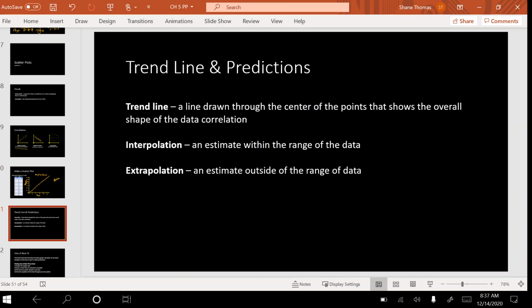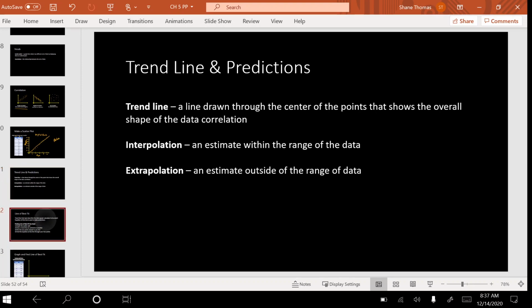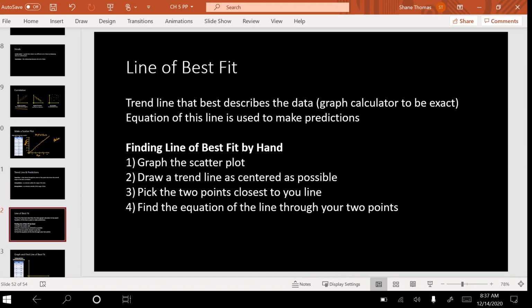Now, as you go further in your math career, you're going to do something called the line of best fit. This is what we're going to use for our predictions and those types of things. If I want to do the true line of best fit, I would need to put this in a graphing calculator. You do something called linear regression.